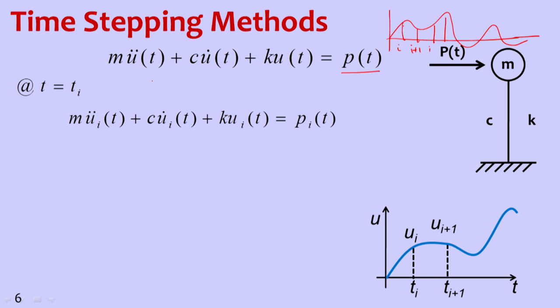This entire equation will become m into acceleration u double dot i, and damping c into velocity at time t is equal to ti, that is u dot i, and displacement at that time, that is ui, multiplied by k, that should be equal to force at that time instant.